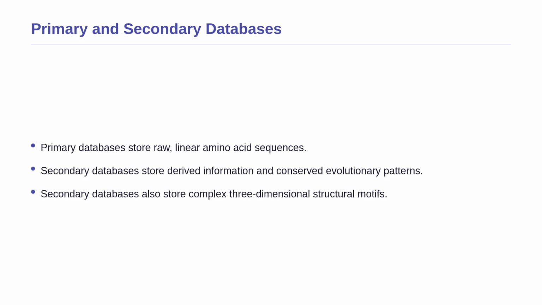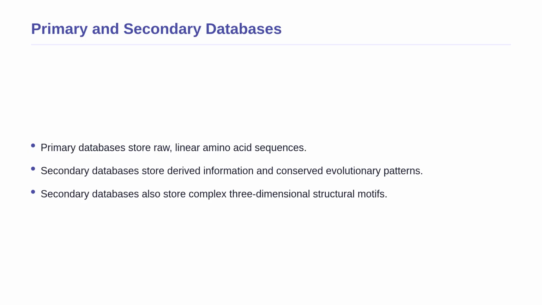Building on that definition, we can categorize these repositories into two main types. First, we have primary databases. These are the foundational archives that store raw, linear amino acid sequences, exactly as they are decoded from genetics. Second, we have secondary databases.